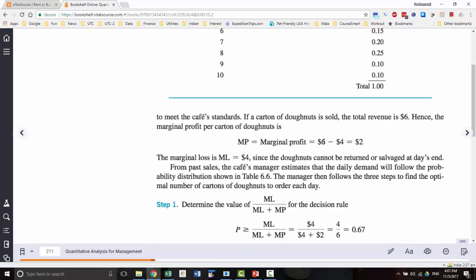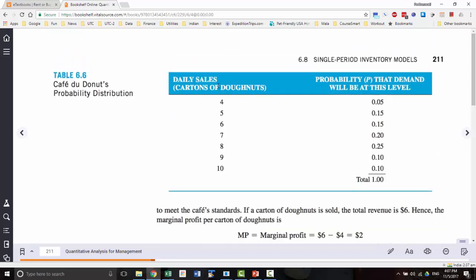So marginal profit, revenue minus cost, is $2. Marginal loss is $4. And let's assume that for this cafe, the number of cartons sold follows this probability distribution.